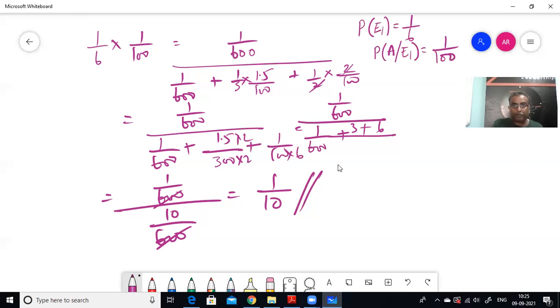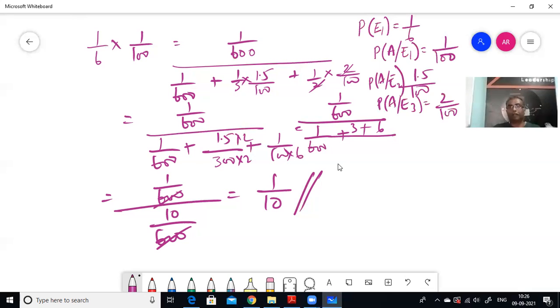So 1.5% means 1.5 by 100. P of A given machine 2. And P of A given machine 3 is equal to 2 by 100. Right, understood. Yeah, this is percentage: 1% error, 1.5% error, 2% error. That is what you are substituting here.